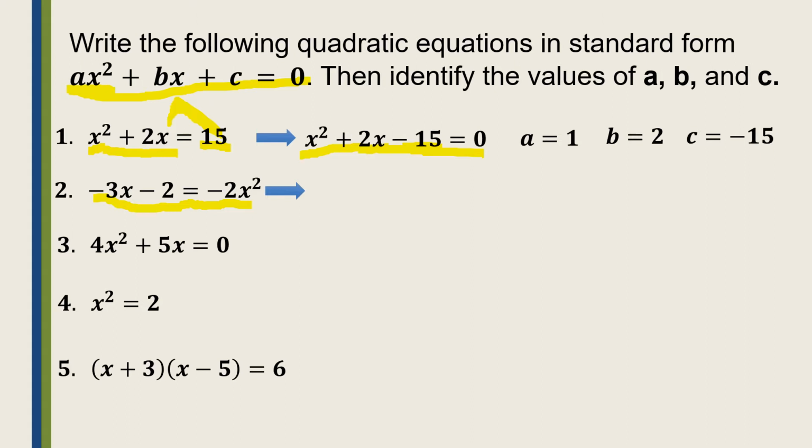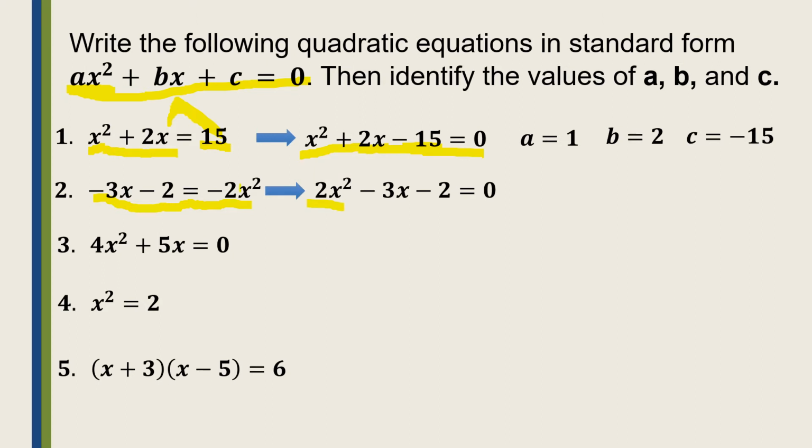Sa given natin, ang negative 2x squared or ang quadratic term ay nasa right side. Ililipat natin ngayon sa left side. Kailangan yung quadratic term ang nasa unahan. Magkakaroon tayo ng 2x squared.